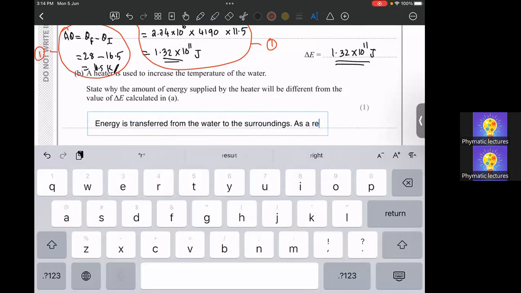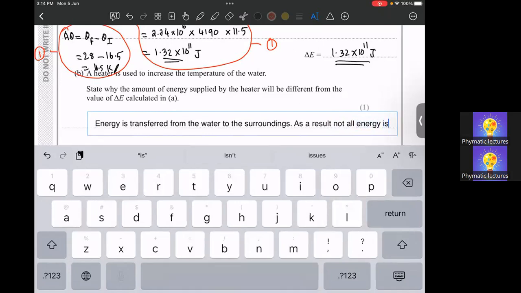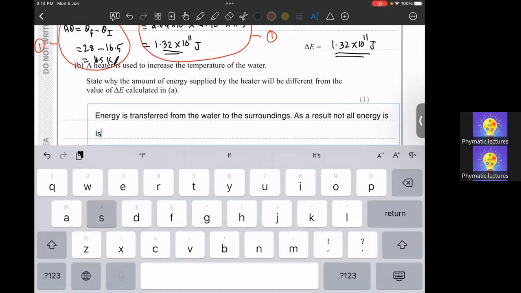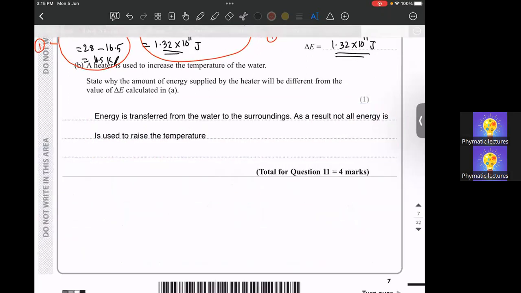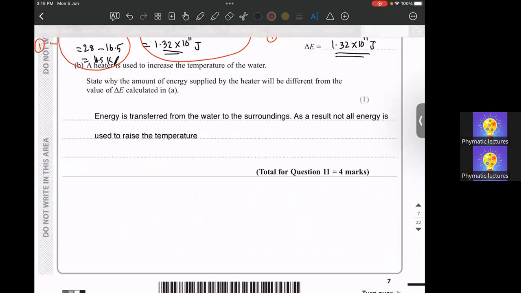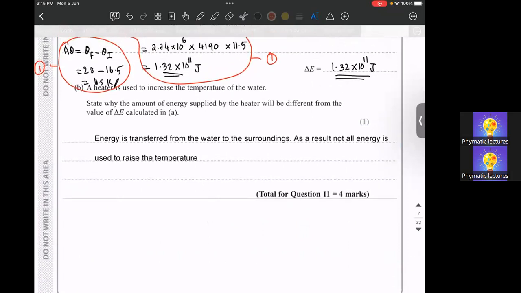As a result, not all energy is used to raise the temperature. Got it? So that is very important. So that is the answer for this question.